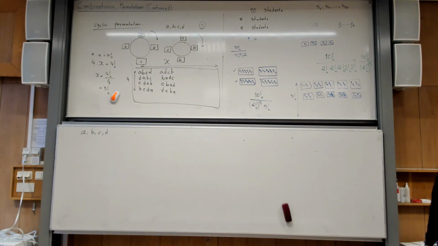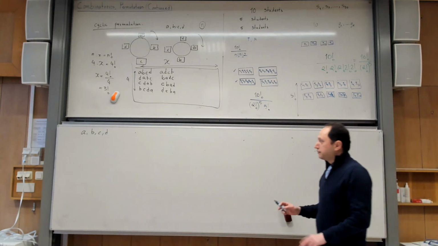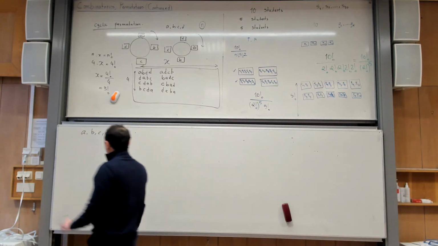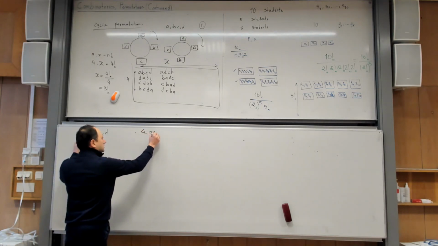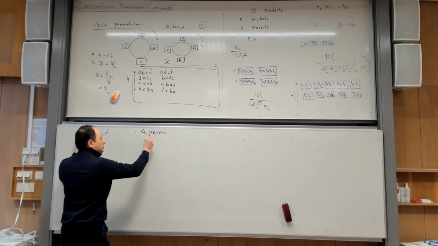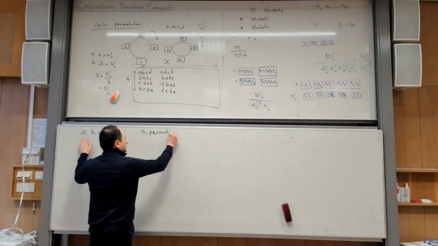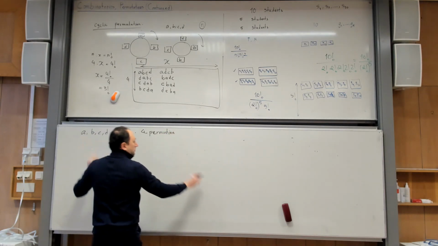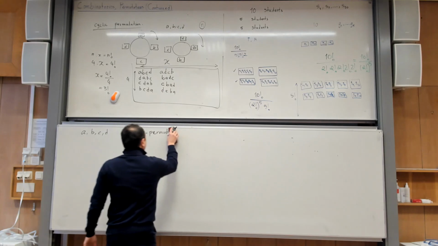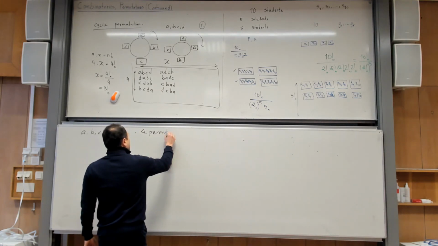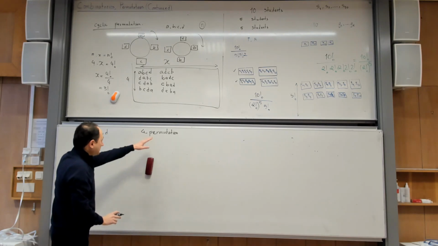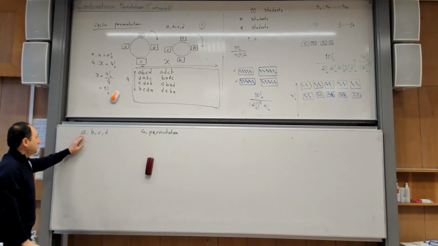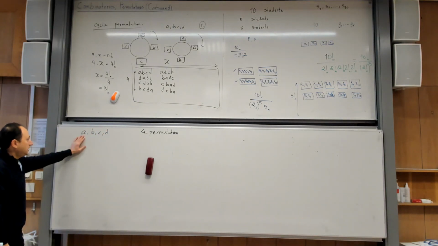But now I ask you, I don't want 4 permutations. 4 permutation is another name. So when I ask you how many permutations are there, you would say 4 factorial.